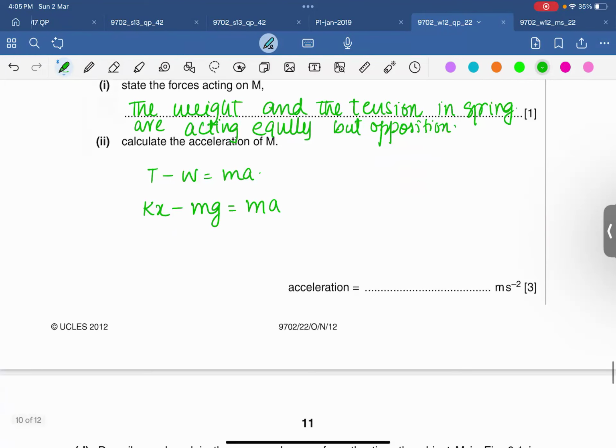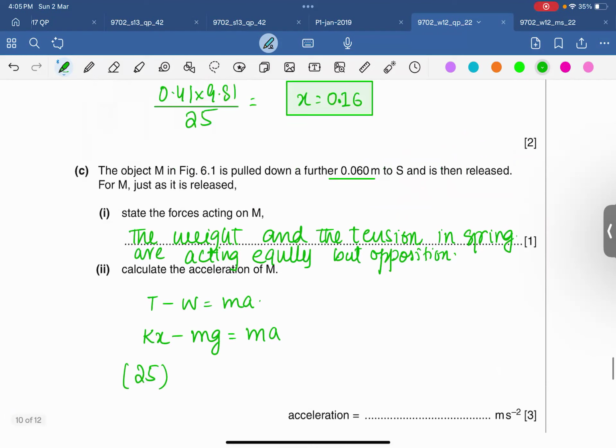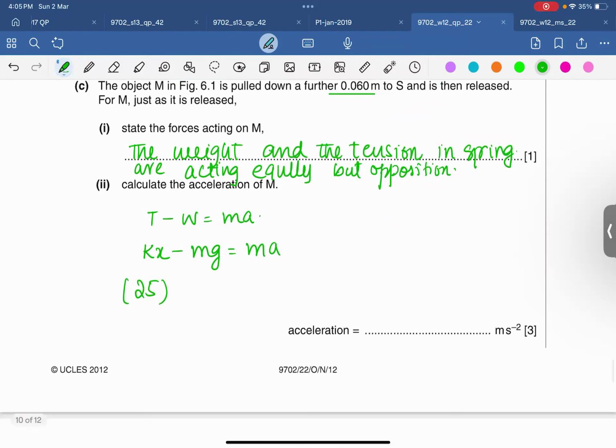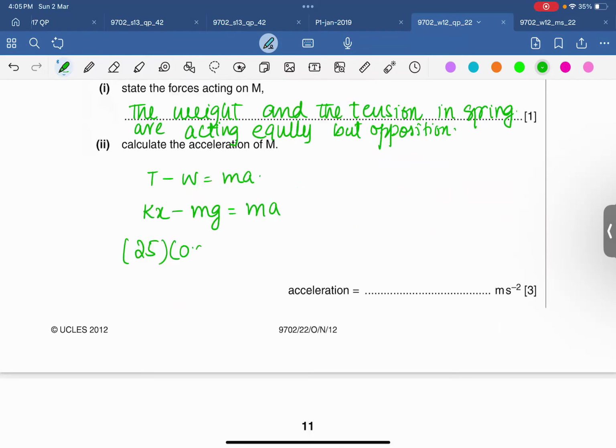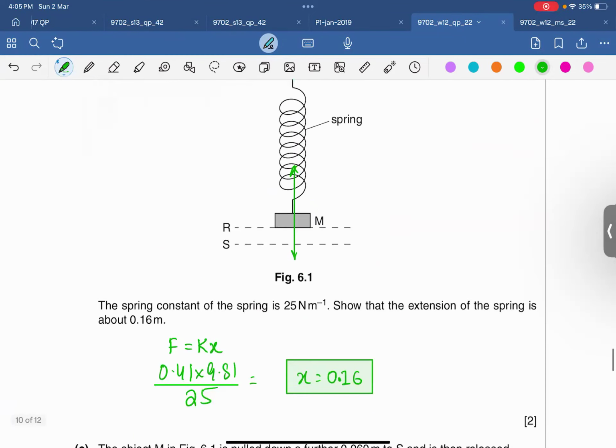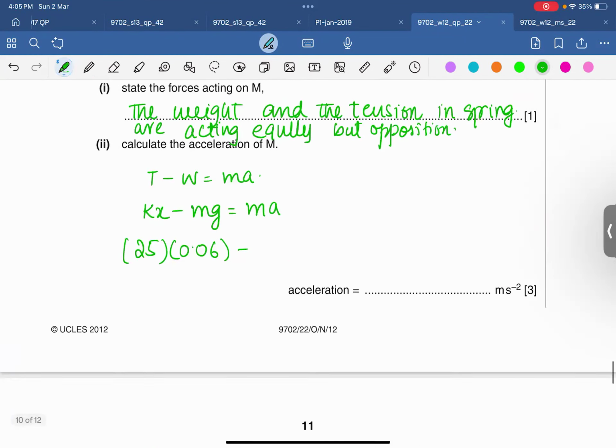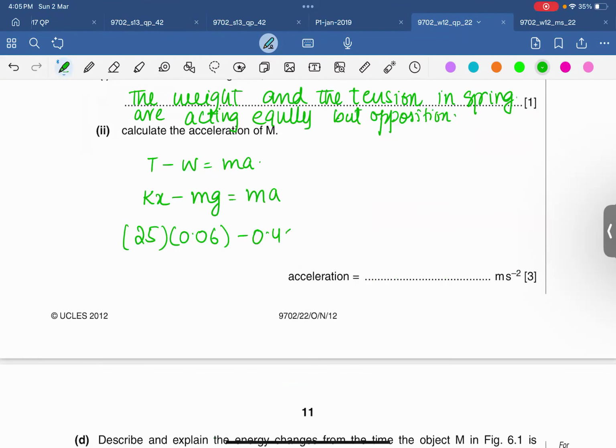So k is basically 25, and you extend the spring by 0.06. Multiply by 0.06, minus the mass, which is given as 0.41, times 9.81, and the whole thing divided by the mass, which is again 0.41, equals a.